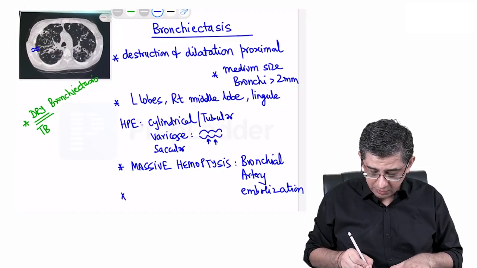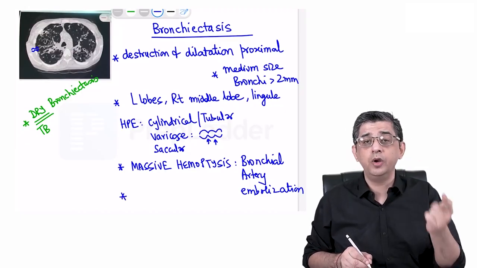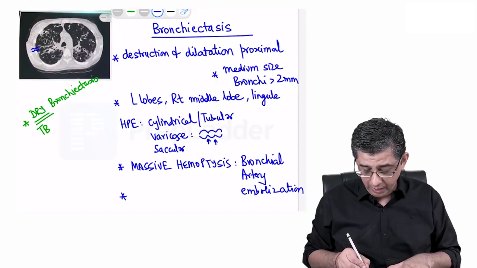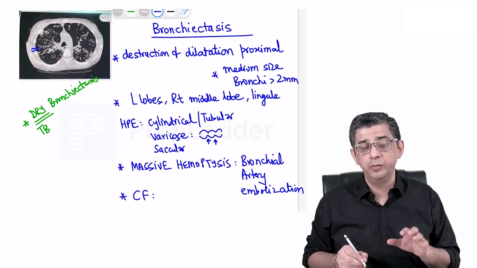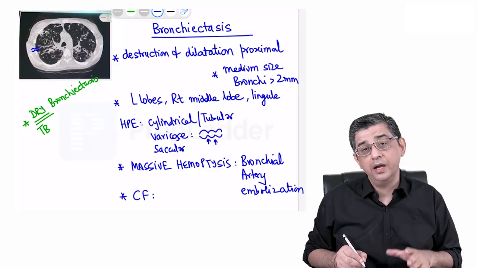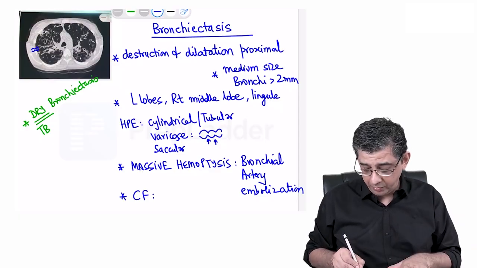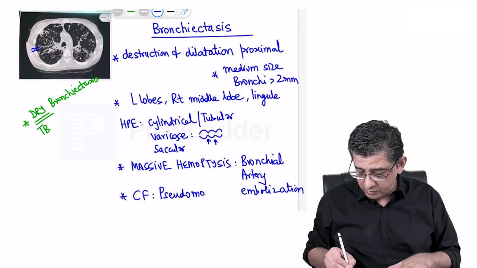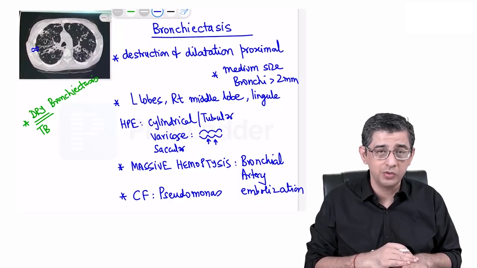One of the important causes, especially related to upper lobe involvement in bronchiectasis, remember, I told you even upper lobe could be involved, is cystic fibrosis or mucoviscidosis, which has been discussed separately in the respiratory section. And apart from this, I also want you to remember that in cystic fibrosis, there is colonization of the airways of the lungs by Pseudomonas aeruginosa.